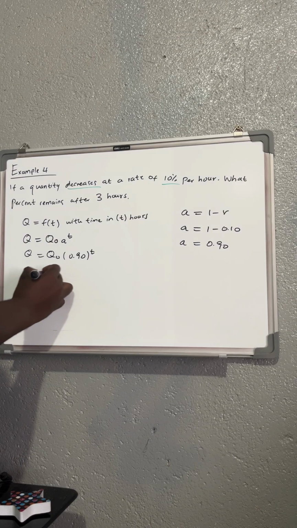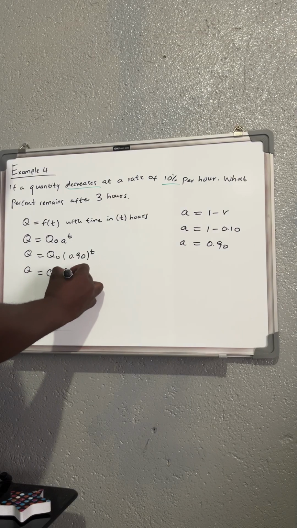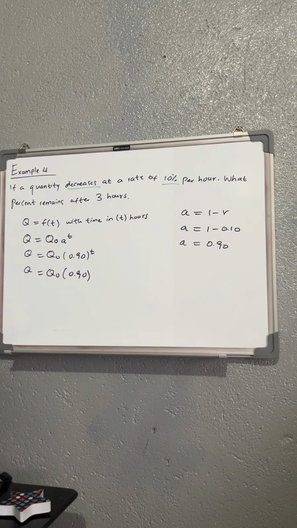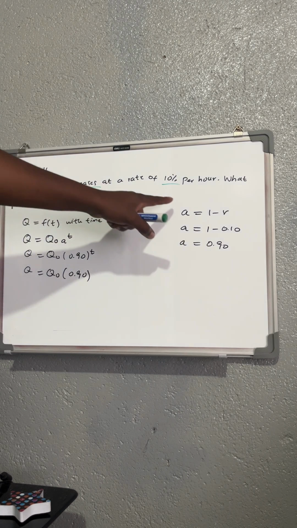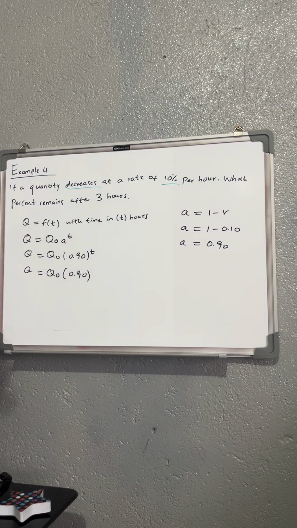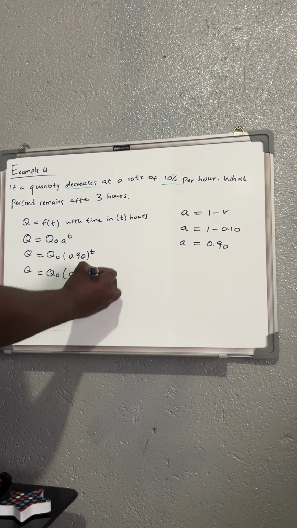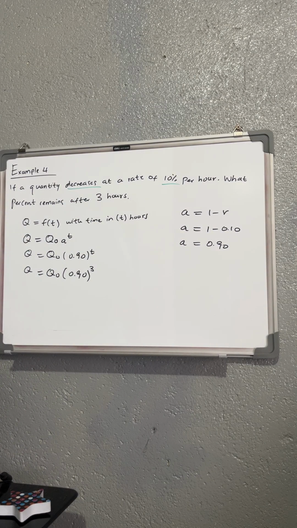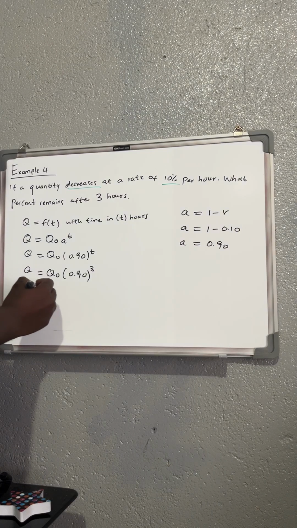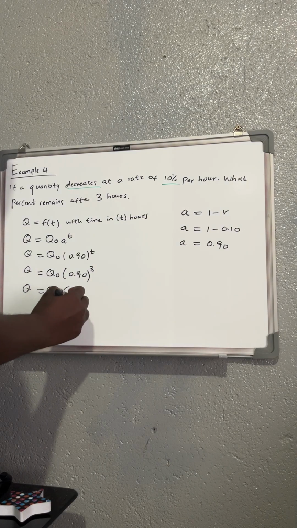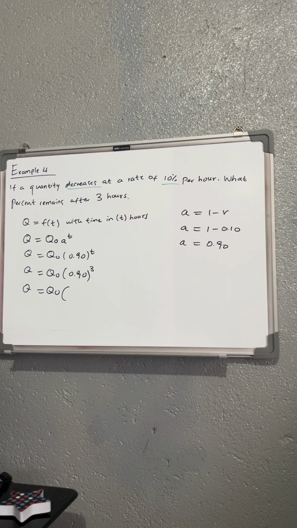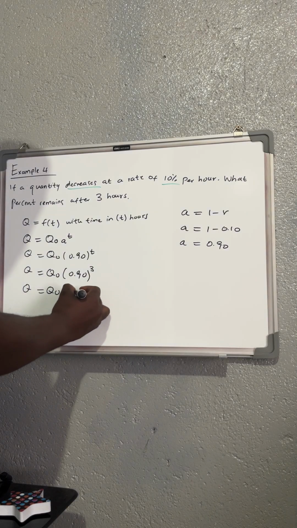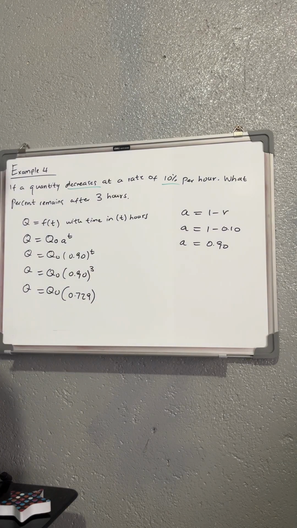Then we have Q is equal to Q0 times 0.9. Then we have to check the time. They say if a quantity decreases at a rate of 10% per hour, what percentage remains after 3 hours? Then you input your 3. Then you can say you have your Q is equal to your Q0 times, I think this one would give you something like 0.729.